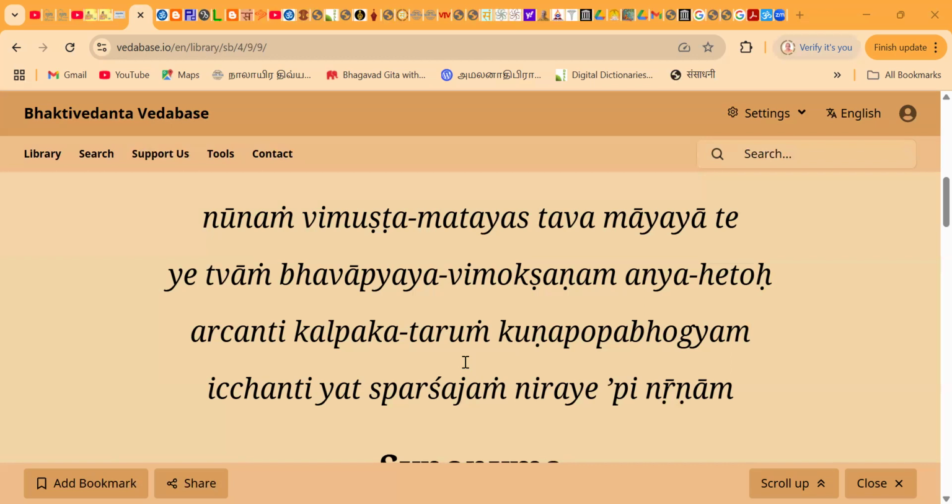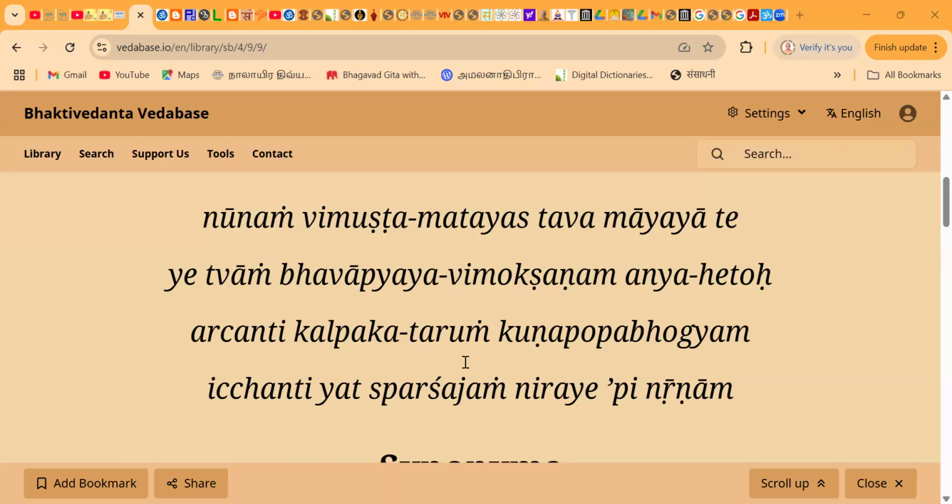Similarly, the Supreme Lord who can bhavapyaya vimokshanam, who can award liberation from the cycle of birth and death, but we approach the Supreme Lord for material sense gratification, which is available even in the lower species. Even as a pig, the same quality of happiness in eating or mating is available.